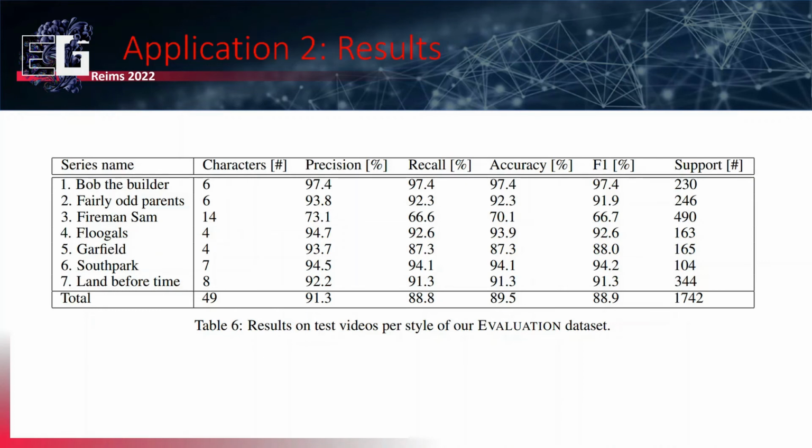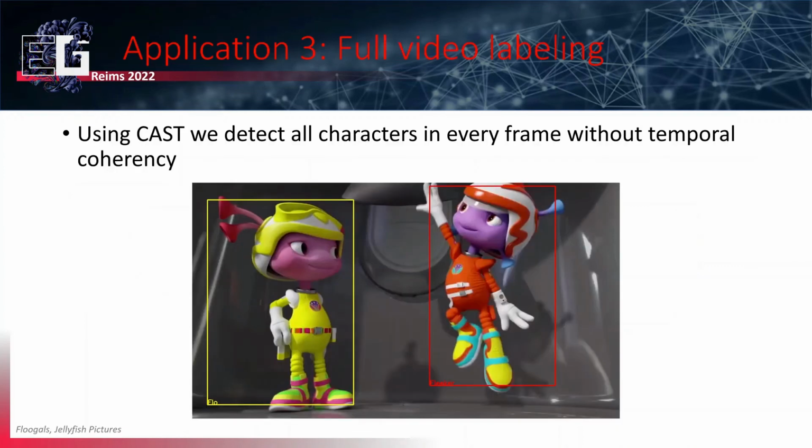The pipeline was applied on each training episode and tested over the test episode per series. This approach has yielded about 89% F1 score by only labeling clusters. The third and last application further applies this method on all frames, yielding full labeling.